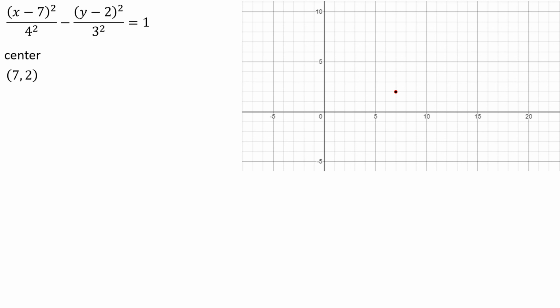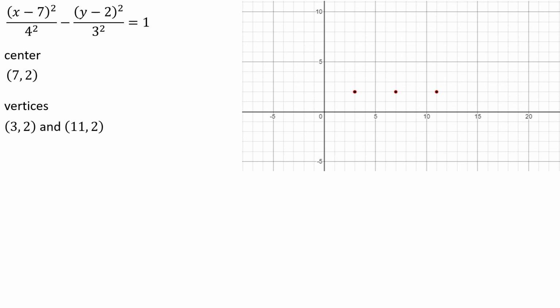Now, because the x squared is positive, the vertices are going to move in the x direction, left and right. Underneath the x squared, there is a 16, which is just 4 squared. So I have to move 4 units each way.